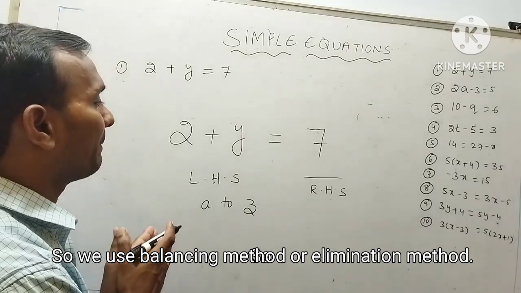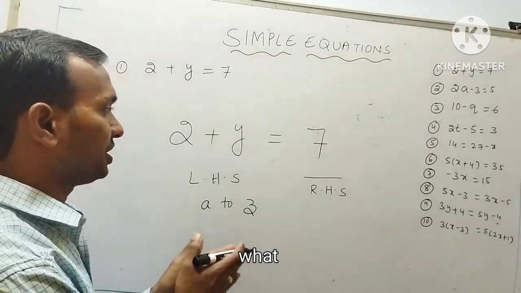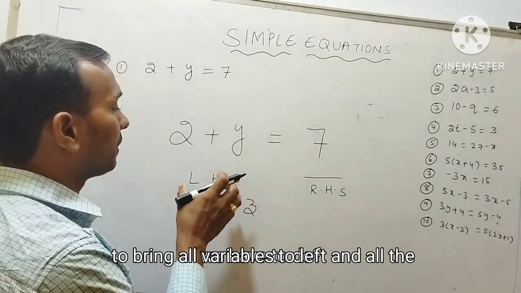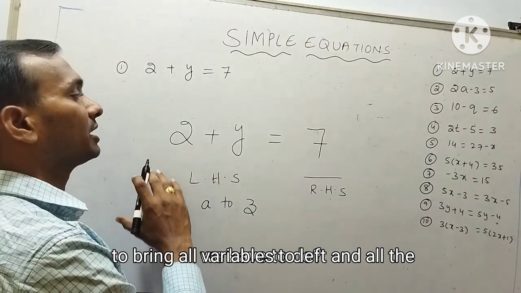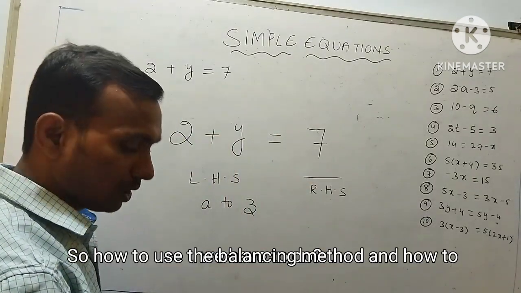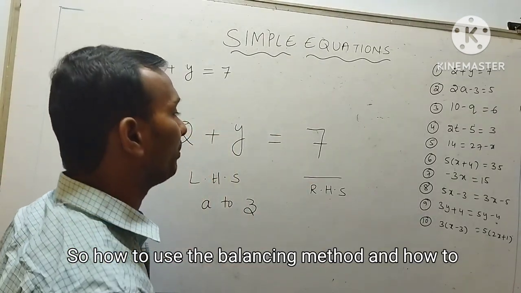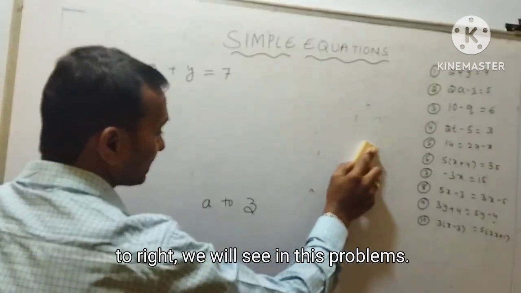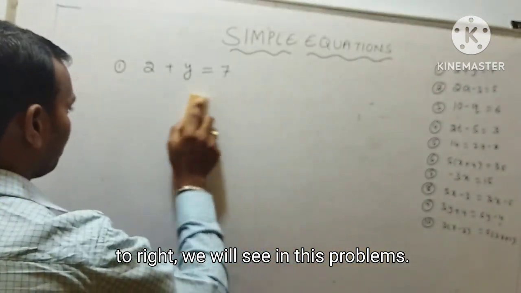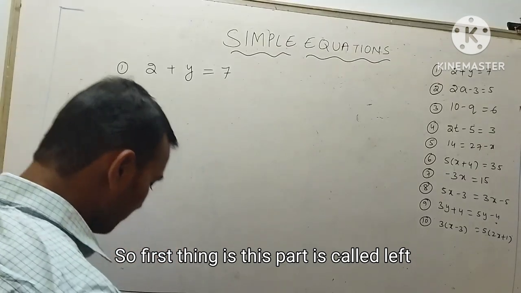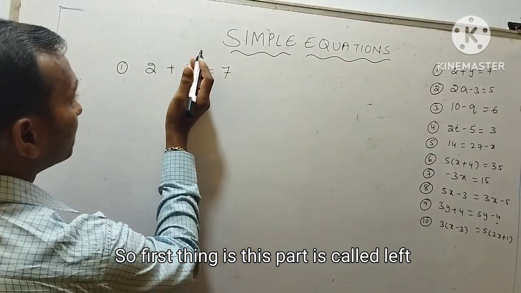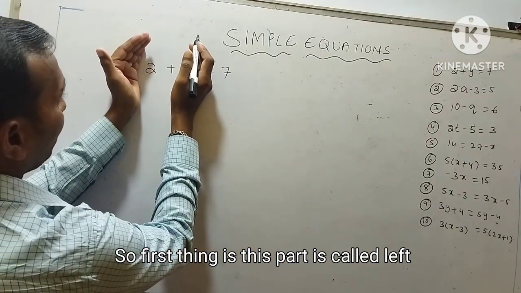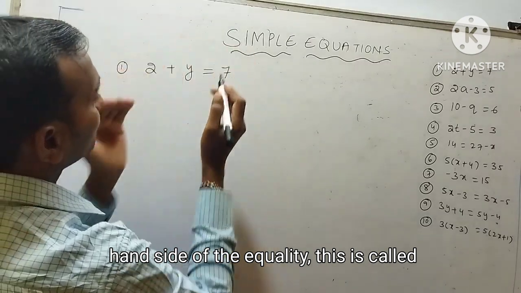We use the balancing method or elimination method to bring all variables to left and all the numbers to right. We will see how in these problems. This part is called the left hand side of the equality, and this is the right hand side.